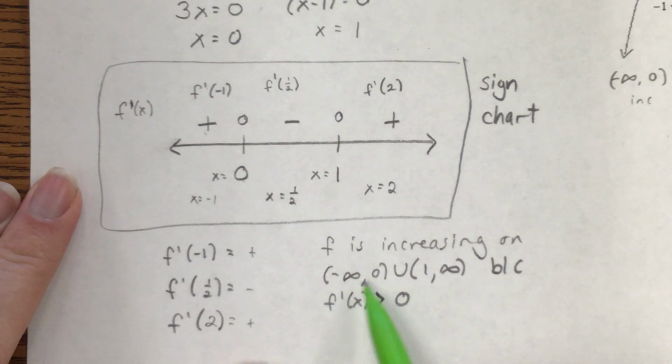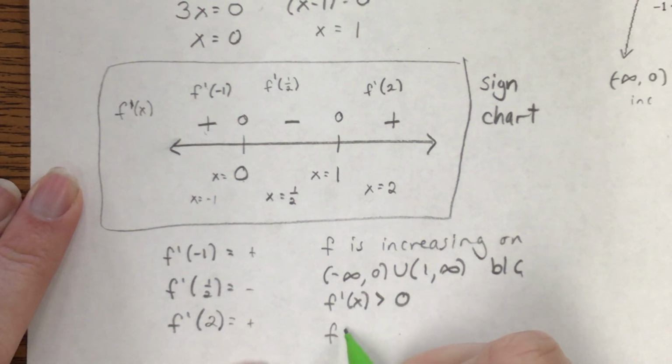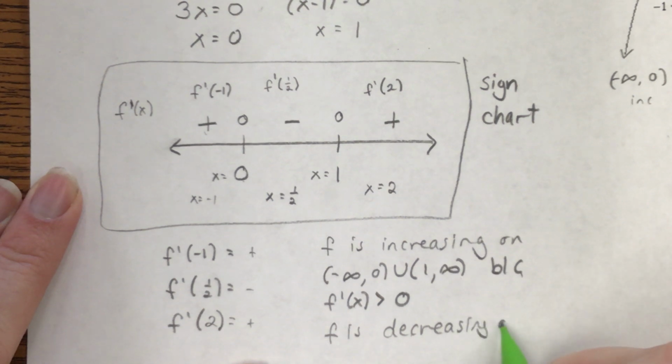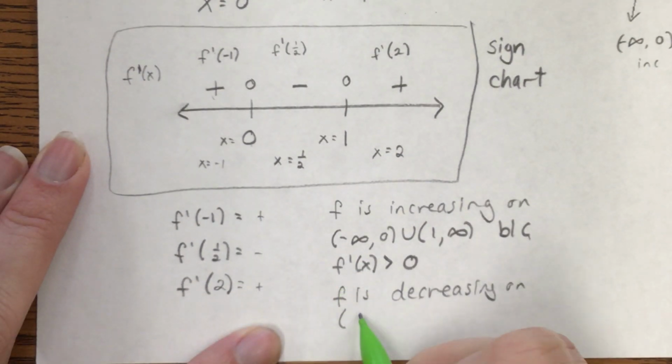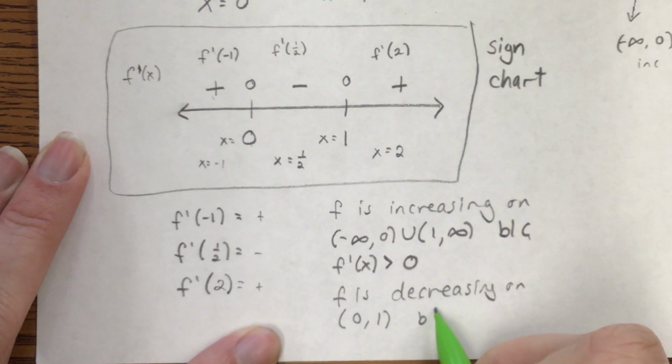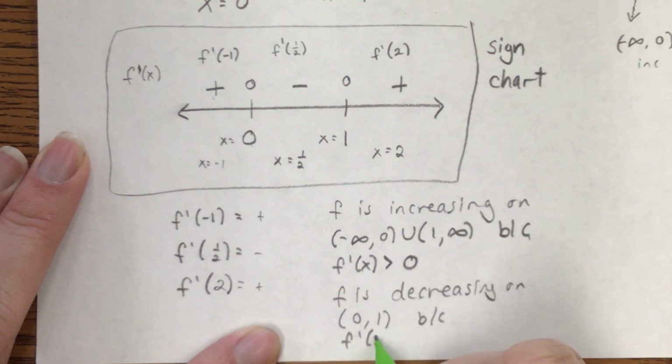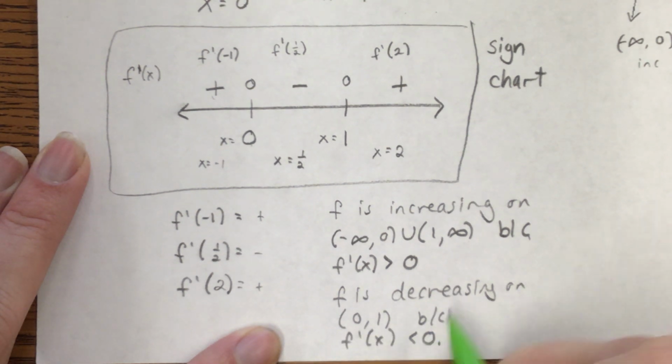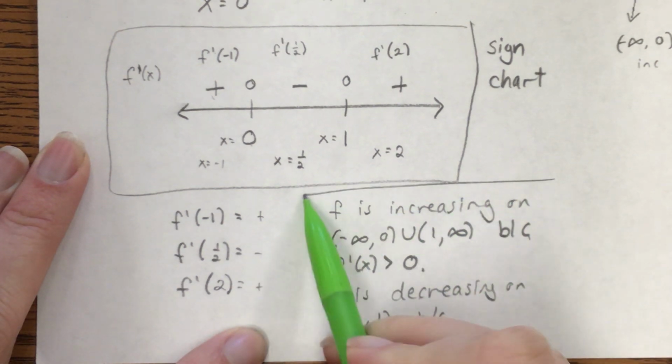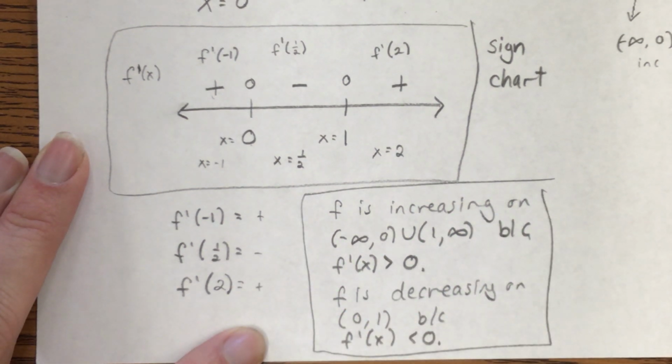Remember that you have to say where this is happening and why. And then f is decreasing on the interval from 0 to 1 because f prime of x was less than 0. And so this is our answer, including a reason.